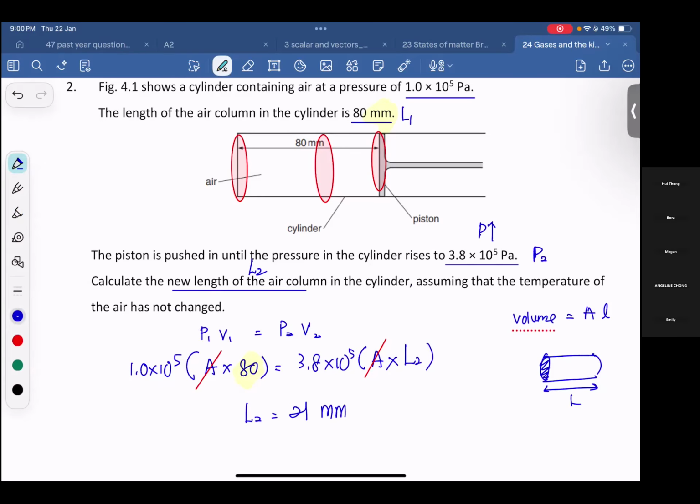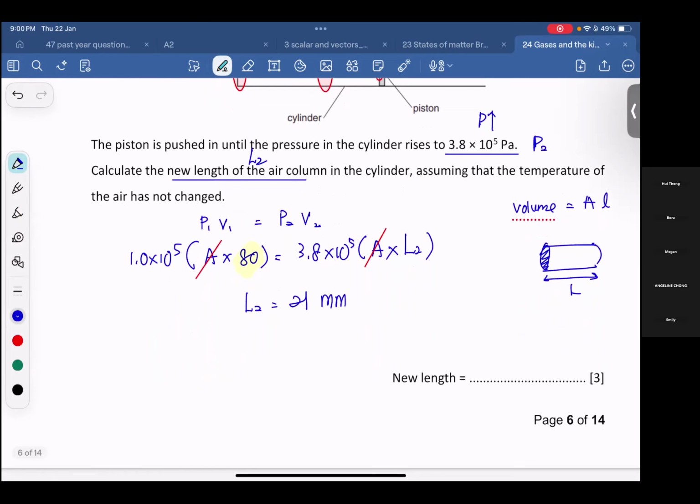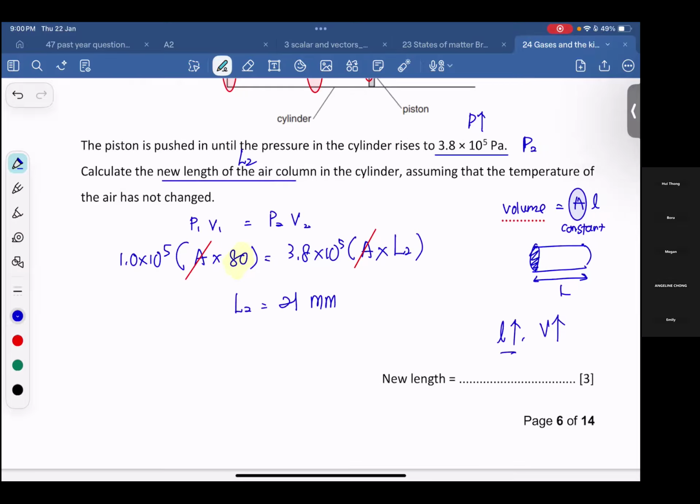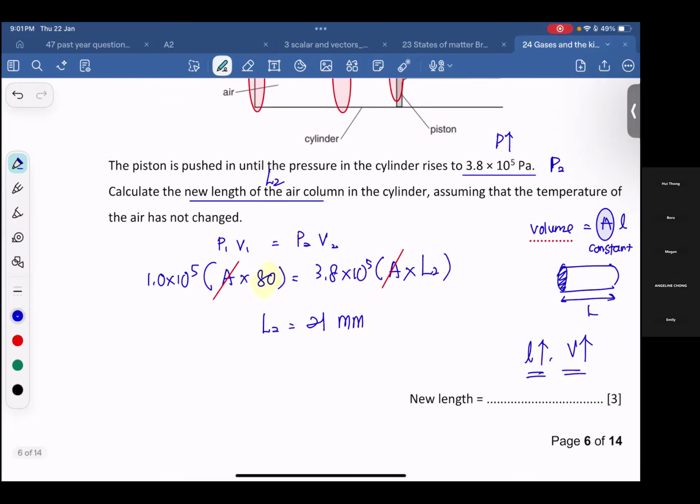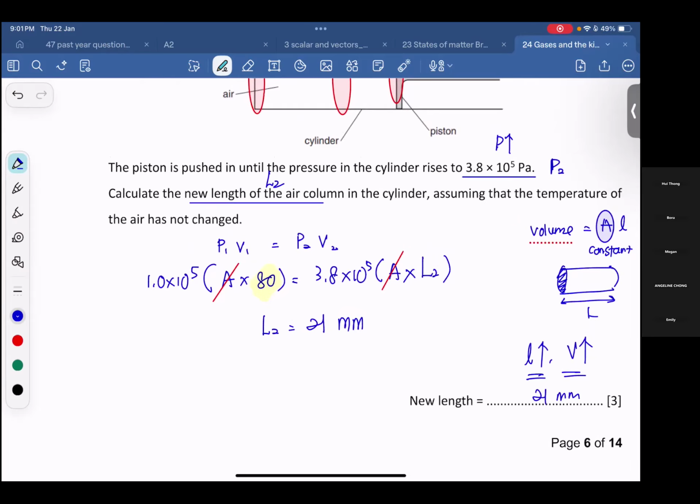Zihua, correct. Okay, so dear, you see, because area is constant, it doesn't change. So that means if your length increases, then your volume will increase. So this is proportional. So here, you can really use your length to represent your volume. Yes, no problem. So the answer here is 21 mm.